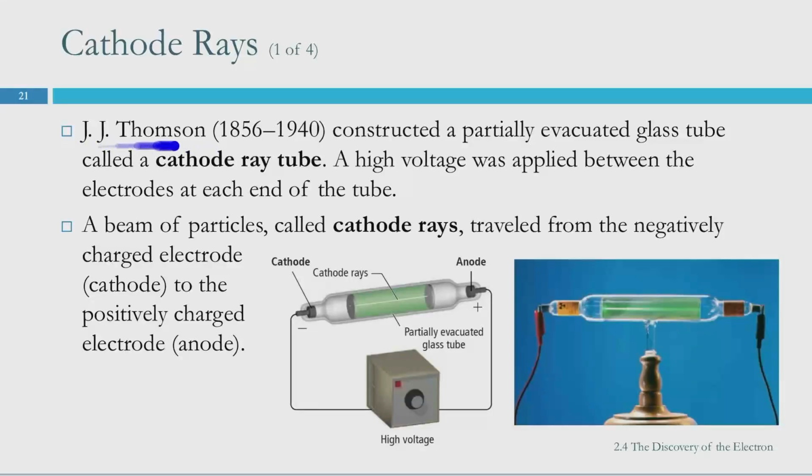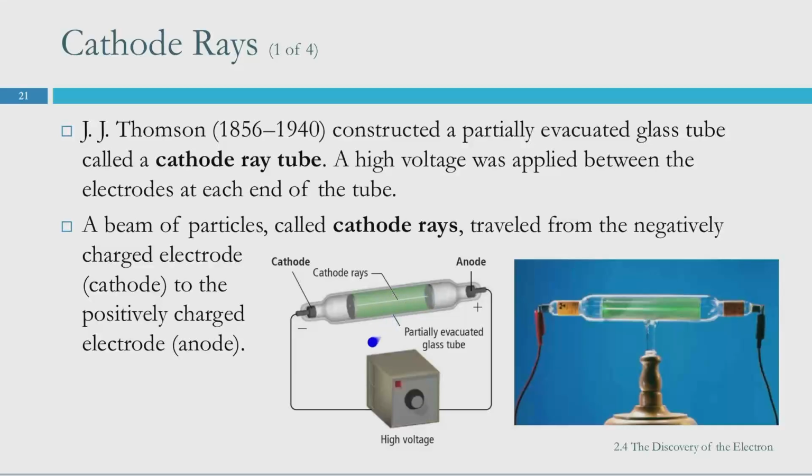J.J. Thomson. Thomson's another big name in atomic history. Thomson constructed a partially evacuated glass tube, meaning that he took out a lot of the air inside of a glass tube. He called it a cathode ray tube. He connected some electricity. Here's his tube.